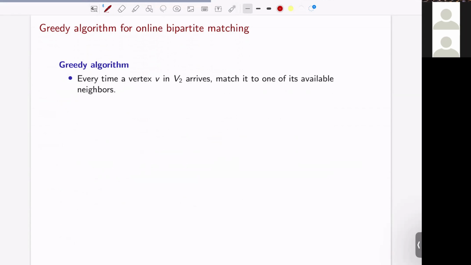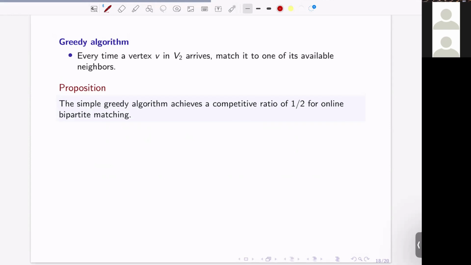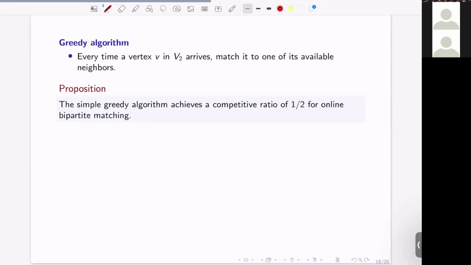I leave it unmatched only if there are no available neighbors from V1. So this is the greedy algorithm. And in fact, it achieves a 1/2 comparative ratio. Does anyone know a reason why?